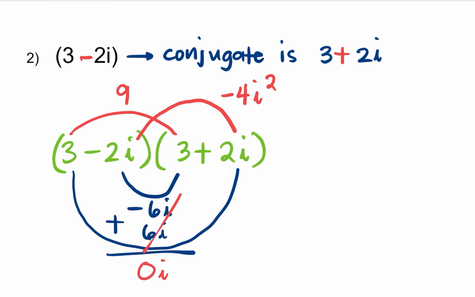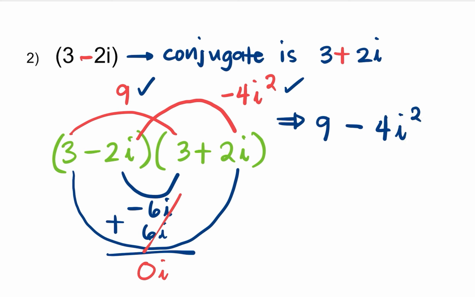Hopefully we come to the point that when we multiply a binomial with its conjugate, the middle term gets eliminated. So therefore it is okay to just go directly to take the answer to the first term and the answer to the last term, which is 9 minus 4i squared.